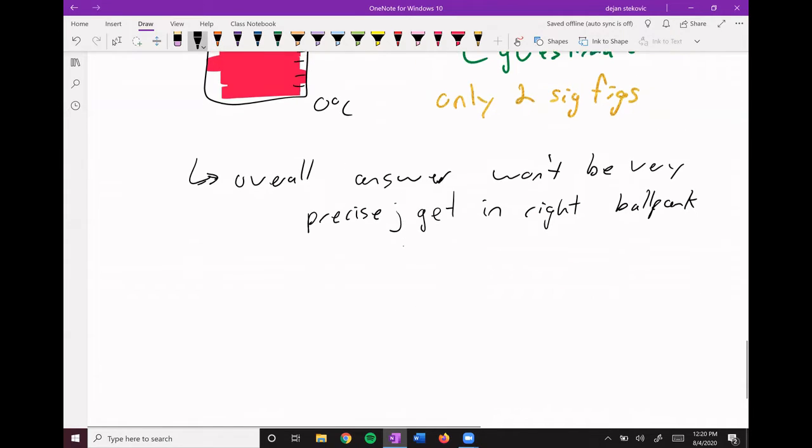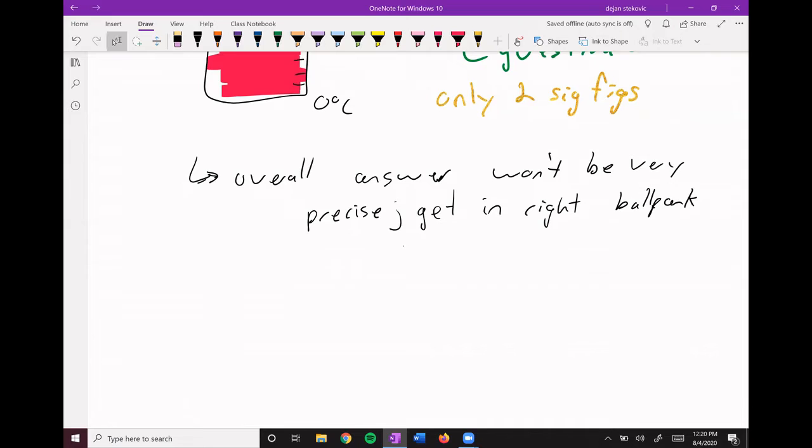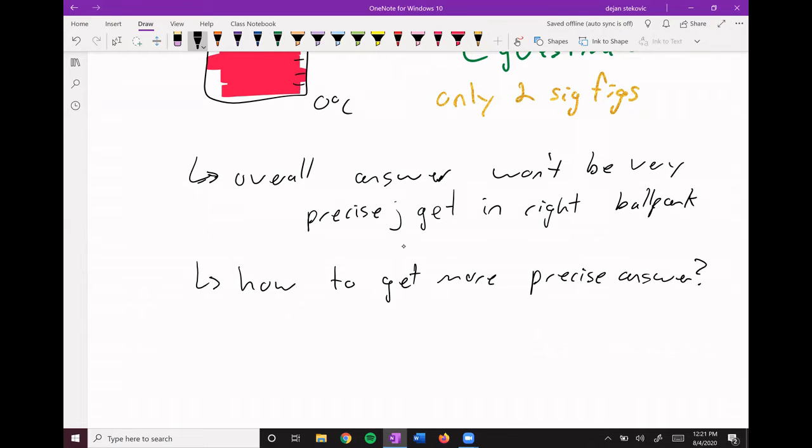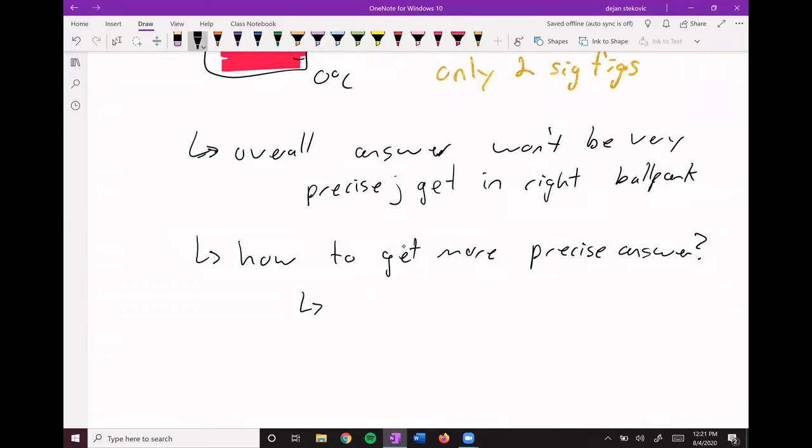Right, so if you're wondering how could we make this more precise, the first thing you want to think of is a more precise thermometer.